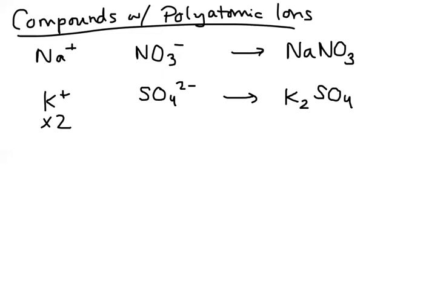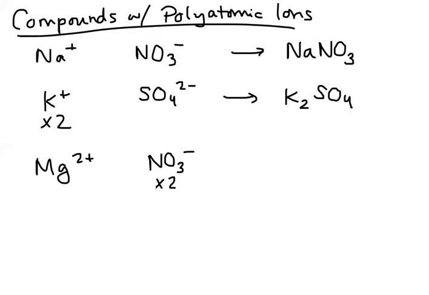Now you might be wondering what happens when we have multiples of a polyatomic ion. How do we distinguish between the subscript that's in the polyatomic ion and the one that multiplies it? Well, we use parentheses. So you notice that we didn't have to use parentheses in these 2 because it's clear that there's 2 potassium and then you have the SO4 2 minus. However, if you have Mg 2 plus and NO3 minus, what do you have to do? NO3 multiplies by 2.